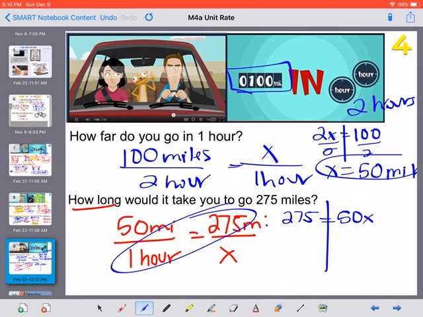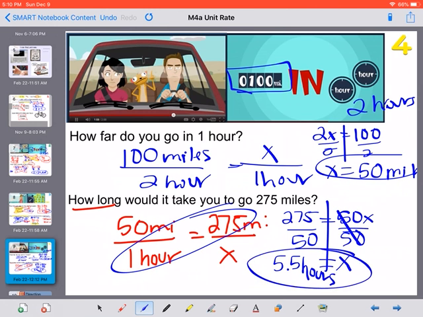So we're really taking our total distance and dividing it into 1 hour chunks, dividing it by 50 to figure out how many times I am driving 50 miles, because every time I drive 50 miles, that's 1 hour. So I'm going to take my total, 275, and divide it by 50, and I get 5.5. It will take us 5.5 hours to drive 275 miles if we go 50 miles every hour.